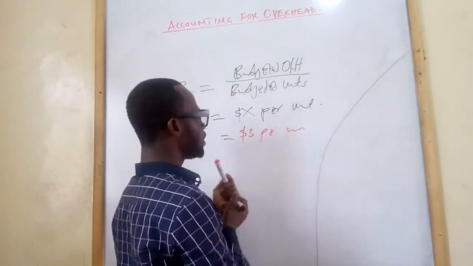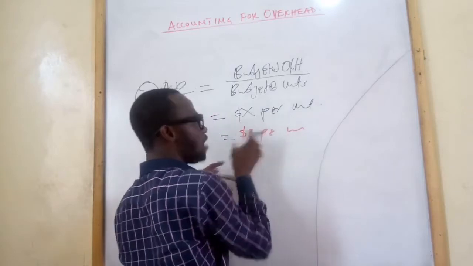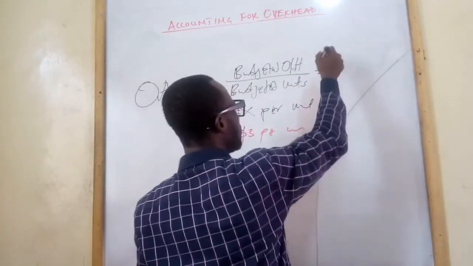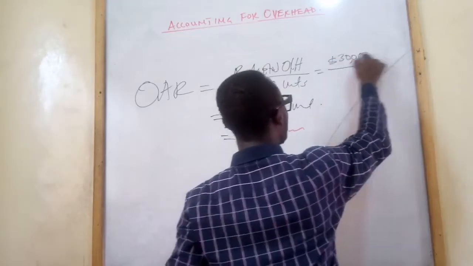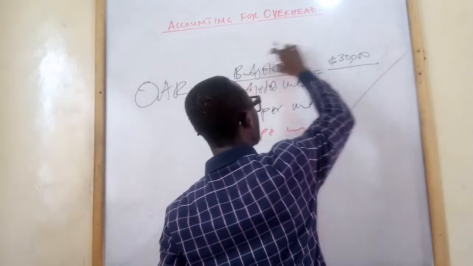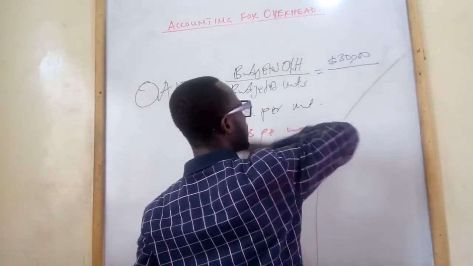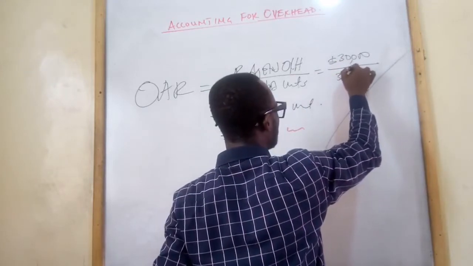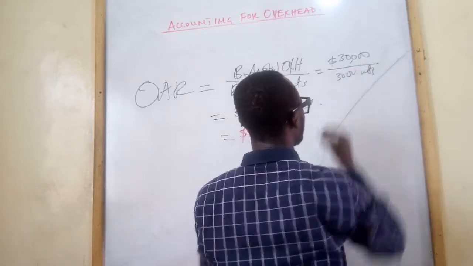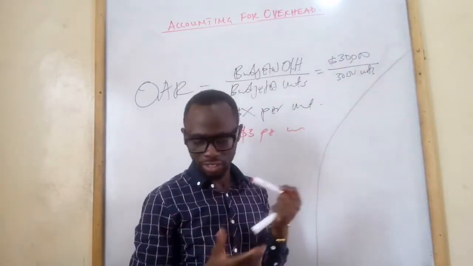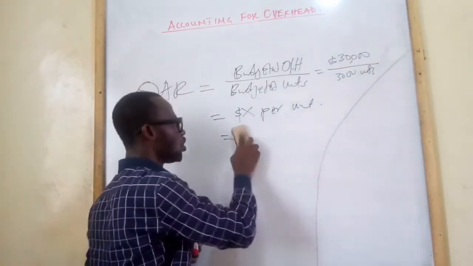So let me put in some figures. Let's say the budgeted overhead is 30,000, and the budgeted unit is 3,000 units. So 30,000 over 3,000, that should be $10.